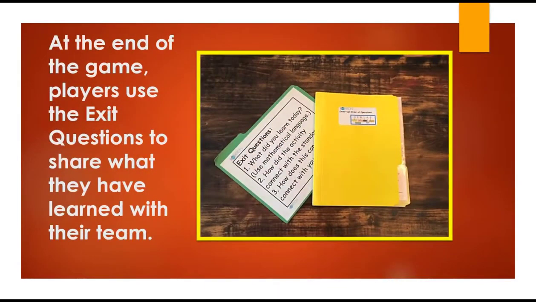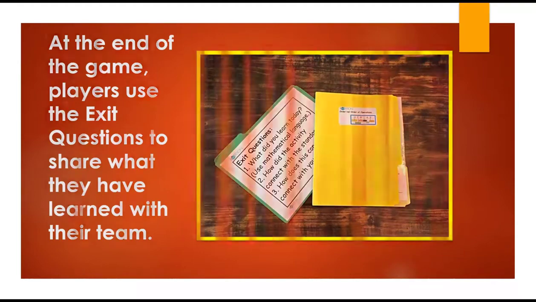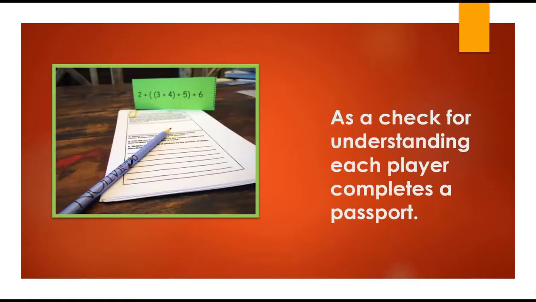At the end of the game, players use the exit questions to share what they have learned with their team. Answering these questions out loud is a great segue into students writing about what they have learned in their math journals. As an additional check for understanding of the effectiveness of the station activity, each player completes a passport.